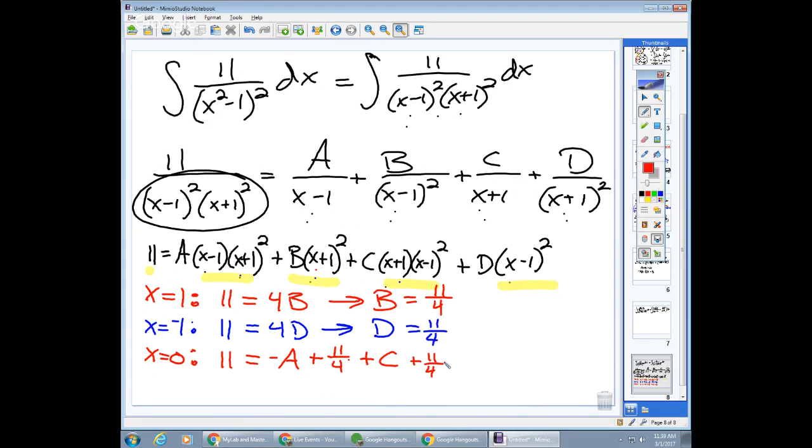We want to take that to the other side of the equation here. So this equation is going to turn into 11 minus 11/2 equals -A plus C. And 11 minus 11/2, that would be 22/2 minus 11/2, which is 11/2 again. Well, isn't that sweet? So this part right there is 11/2.